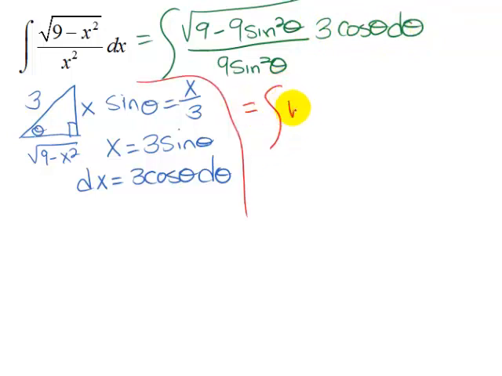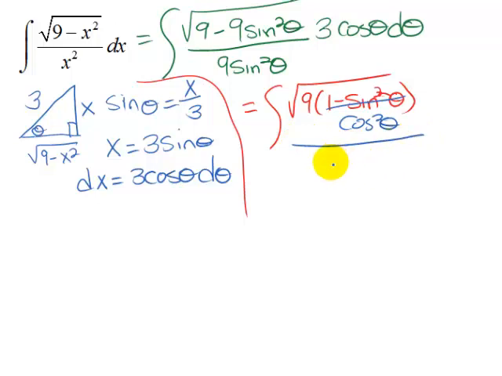We can factor out a 9 in the numerator and that leaves 1 minus sine squared theta, and then we could change that to cosine squared theta, and we still have that over 9 sine squared theta and our 3 cosine theta d theta.